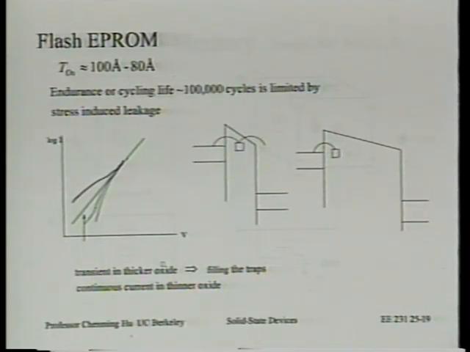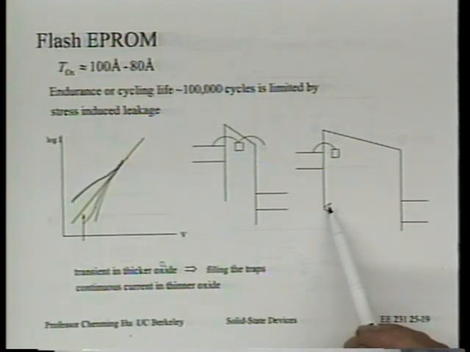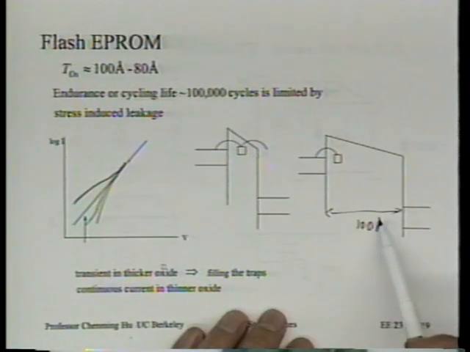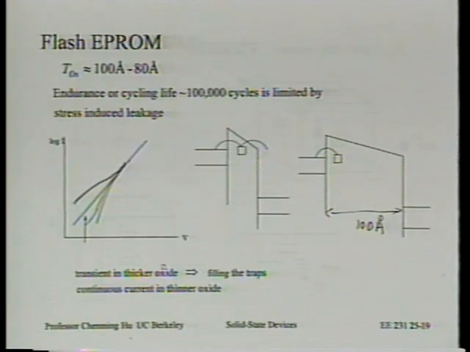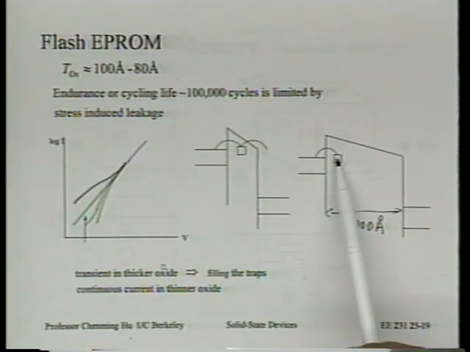It turns out there's a very clever, very interesting reason why we have difficulty scaling below 100 angstrom in this case. If we have an oxide that's thick, let's say 100 angstrom or more, the question is, if a trap is created, where will it be created? If the trap is created very close to one electrode, an electron will tunnel from the cathode into the trap very easily, but what will happen after that?